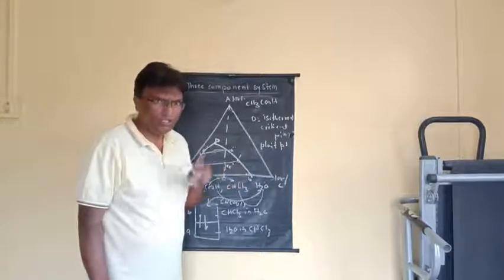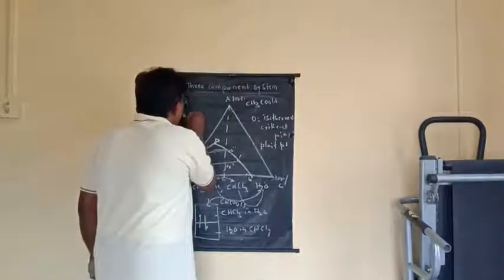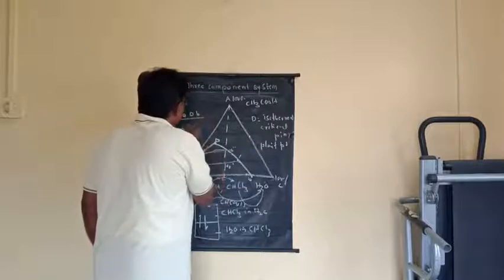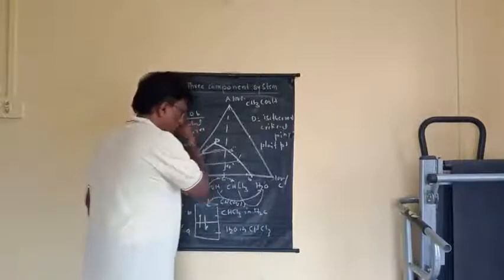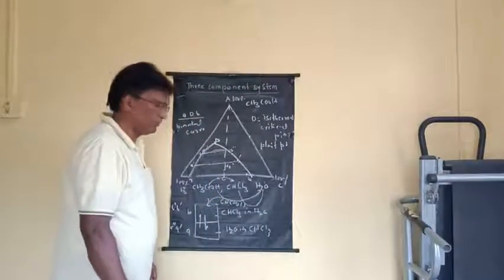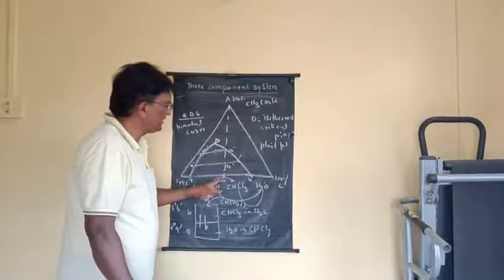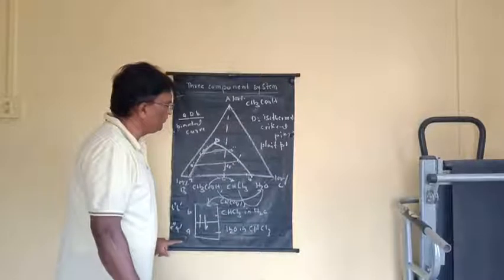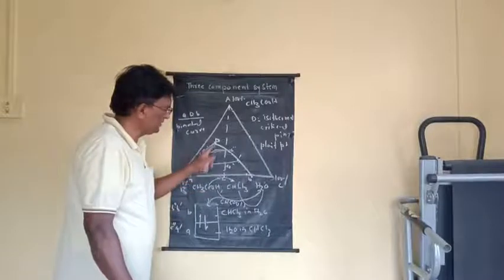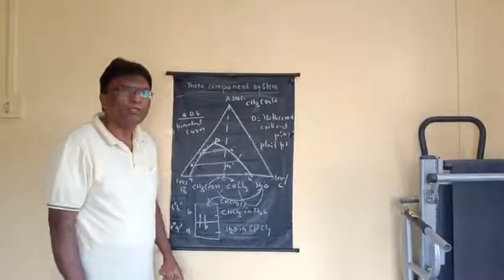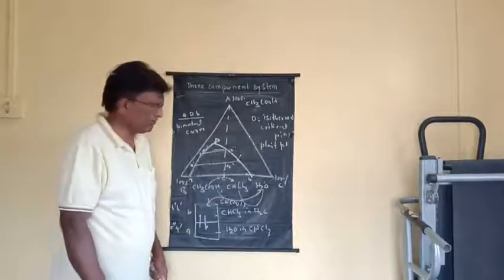And this curve ADB is called the binodal curve. That means with the addition of acetic acid, the mutual solubility of water and chloroform increases, and finally the two solutions become completely miscible and form a homogeneous system.